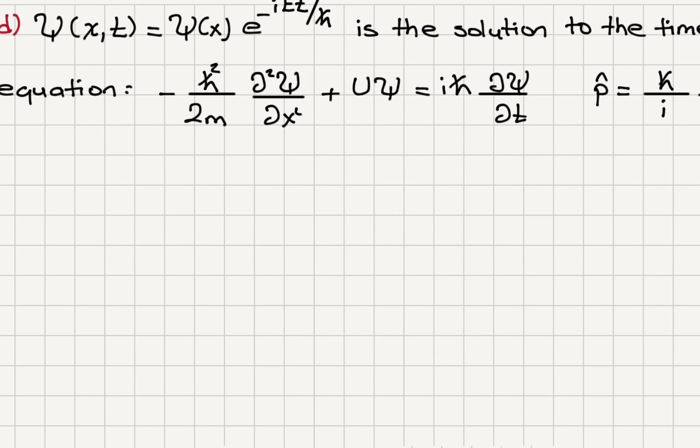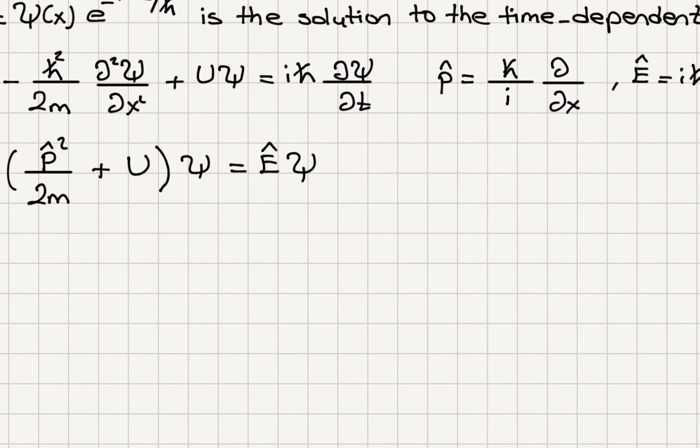Okay, so applying these operators, p hat squared over 2m, the kinetic energy term, plus the potential energy operator applied to psi, is equal to the energy operator acting on psi.